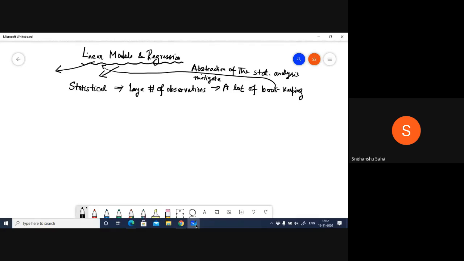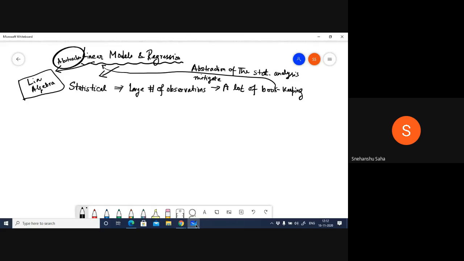This abstraction is due to linear algebra, the methods that we have mostly studied in this class. So this is broadly the idea.